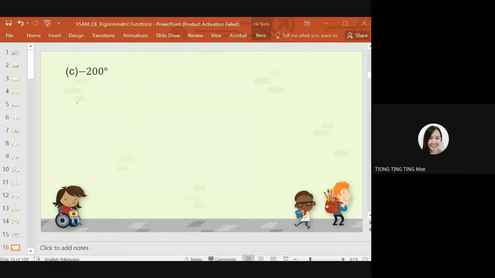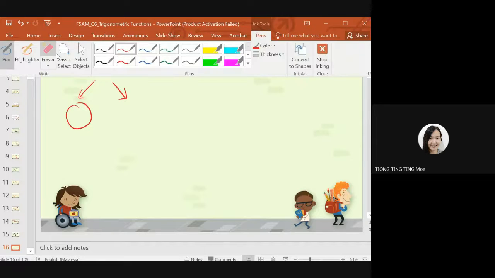Negative. Okay, negative 200. Okay, terus beritahu cikgu how many circle dan pecahkan dia dulu lah. Okay, 200 divided by 360. Oh, so tak ada pecah, dia memang satu circle saja kan.